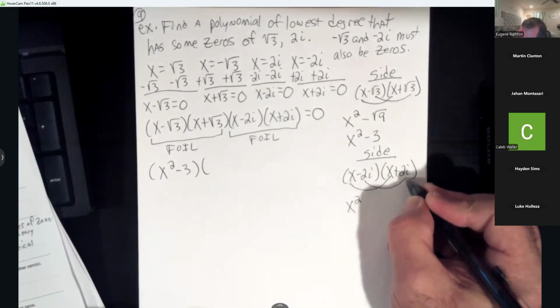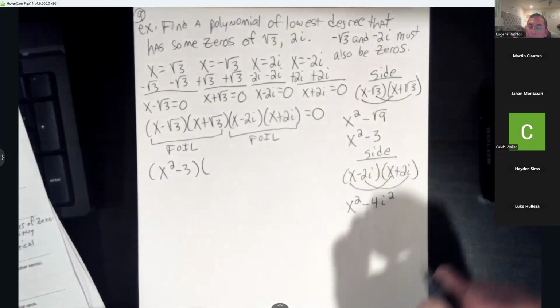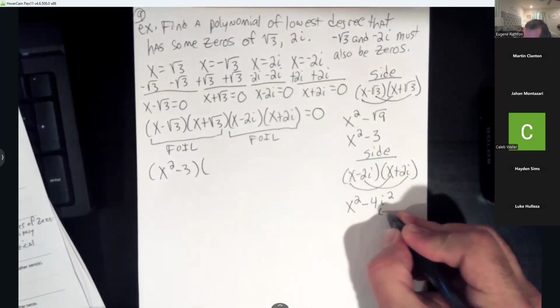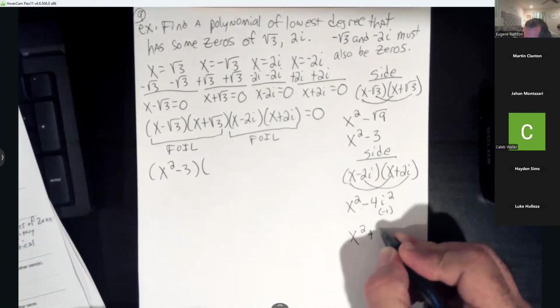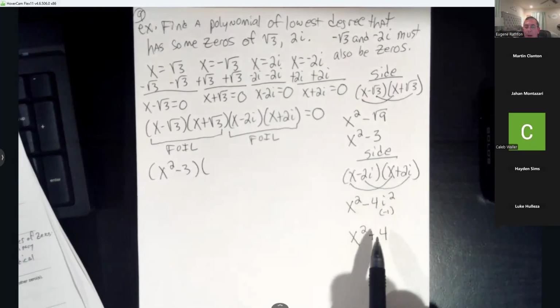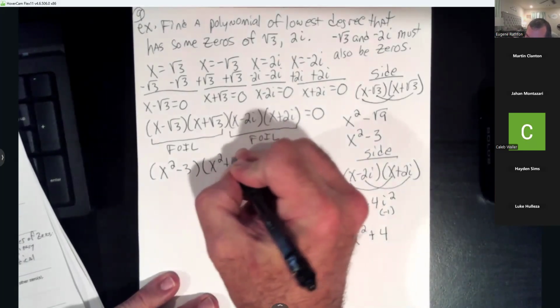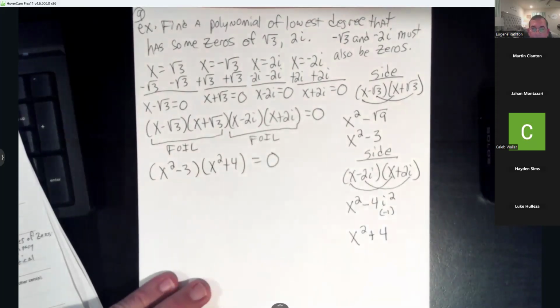Negative 2i times 2i is a negative 4i squared. But remember, i squared equals negative 1. So that ends up being x squared plus 4. Imaginary always ends up positive in the middle. And all this equals 0.